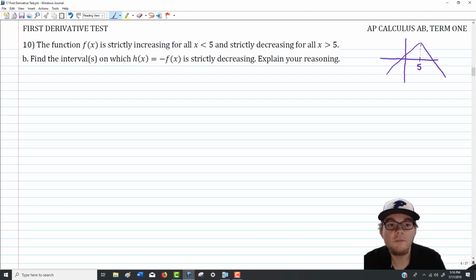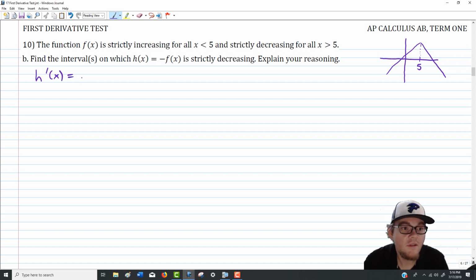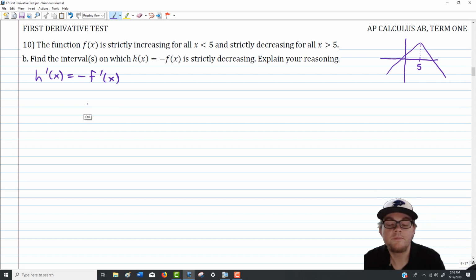With that in mind, my next move is to start to look at where certain transformed versions of the function are actually increasing or decreasing. So in part B, we're asked to find the intervals on which h of x equals -f of x is decreasing. So right away, the first thing I'm going to do is take the derivative. If h of x equals -f of x, h prime of x is equal to -f prime of x.